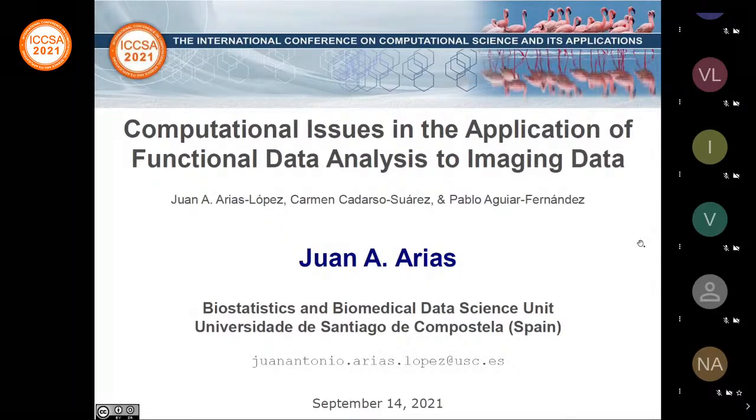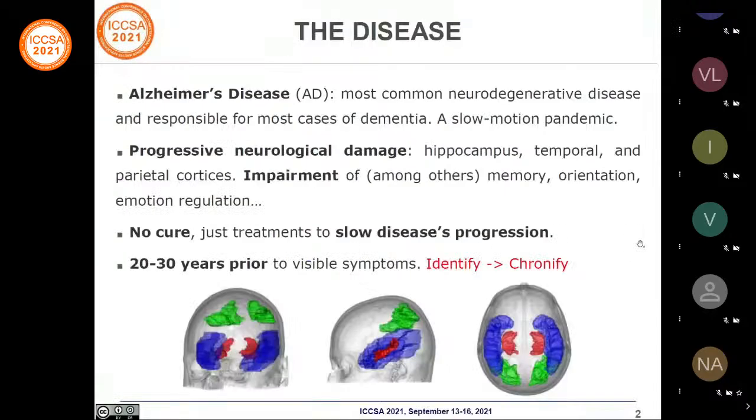So without any hesitation, first, given the scope of these conferences, in which mostly we're talking about mathematics and computer science, I would like to start my presentation with a bit of background on the disease that I'm working on.